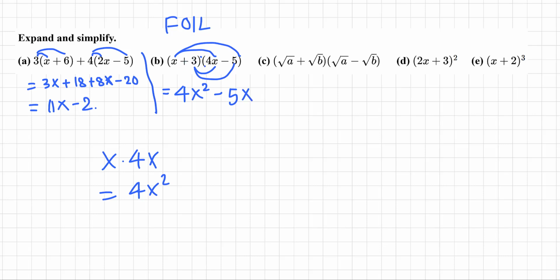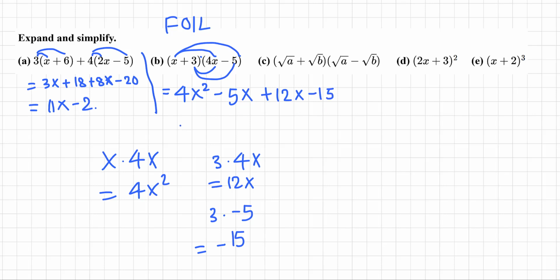Plus 3 times 4x. 3 times 4 is 12x, and it's a plus sign, plus 12x. And then 3 times negative 5. It's a negative 3 times 5, 15. So negative 15 or minus 15.